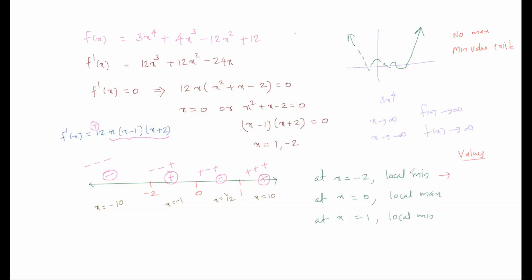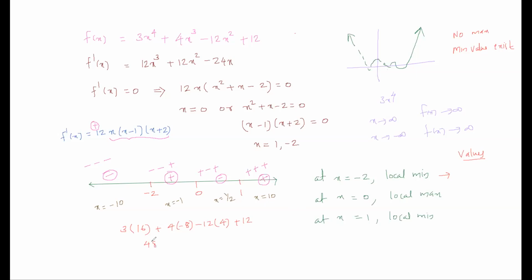When x is equal to -2, we get 3 into (-2)^4, which is 16, plus 4 into (-2) cube, which is -8, minus 12 into (-2) square, which is 4, plus 12.